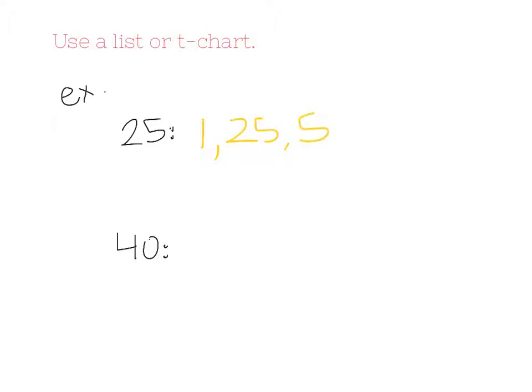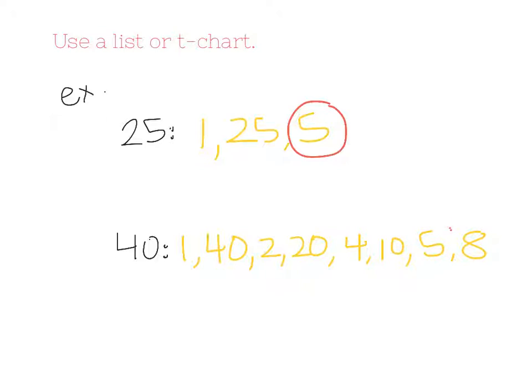And then for 40, it would be like 1 and 40, 2 and 20, 4 and 10, 5 and 8. So you could do it as a list like that, and then you can just circle the greatest common factor. So that's another way that you could also find the greatest common factor if you want to do the T-chart or the list.